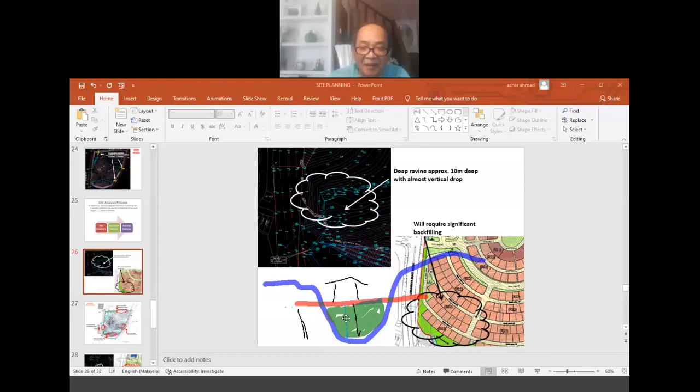Okay, so naturally we would anticipate some piling works to be carried out for buildings that are located on fill area. Remember we have a deep ravine, which means that we need to fill up the ravine to get a certain level, and this would affect the foundation of certain buildings.